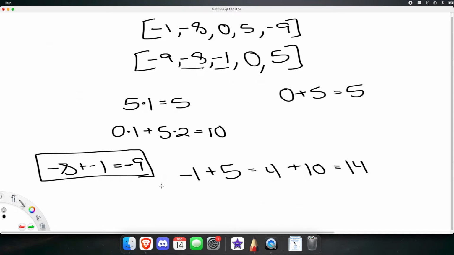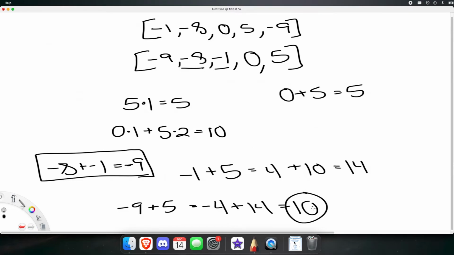So let's actually write this out. -9 plus the 5 will be suffering, or our value will be going down by -4. This -4 plus the previous we saw, which was 14, is what's going to drop us to that 10 if we were to take the -8.